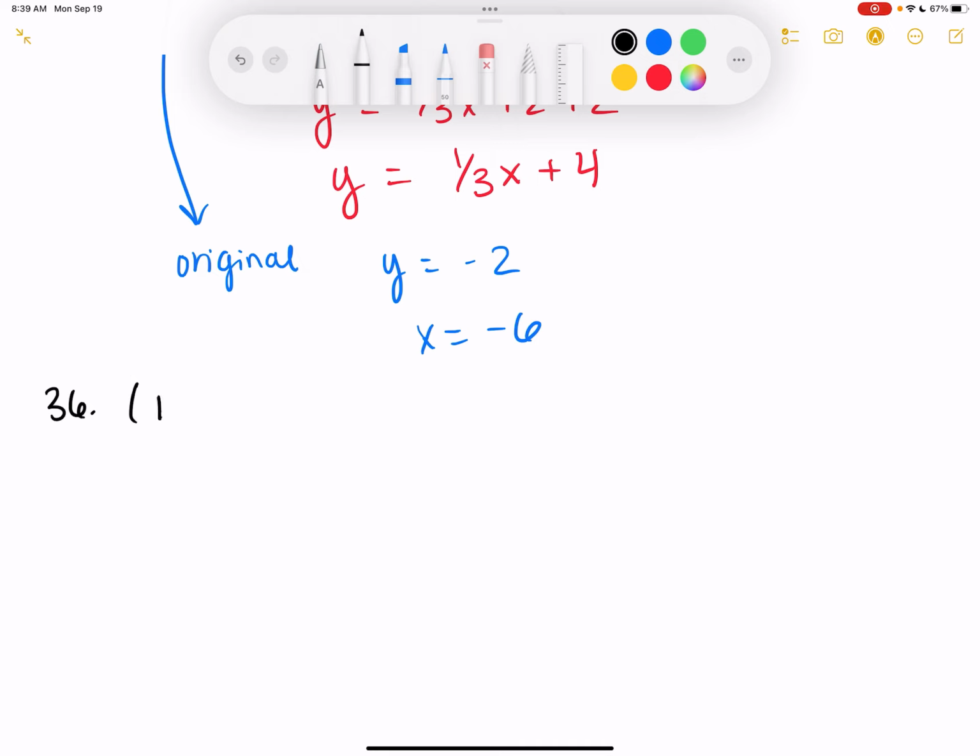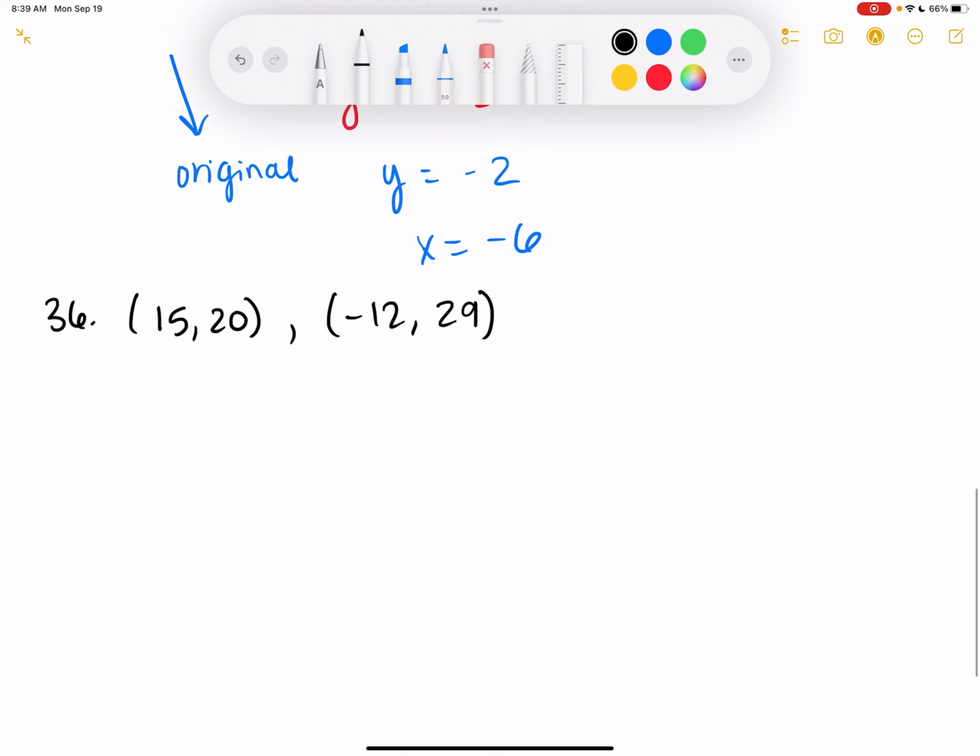36 is 15, 20, and then negative 12 and 29. So how do I find my slope? Because that's the first thing I need to do, and then everything else just follows what we've been doing. Y1 minus y2 over x1 minus x2.